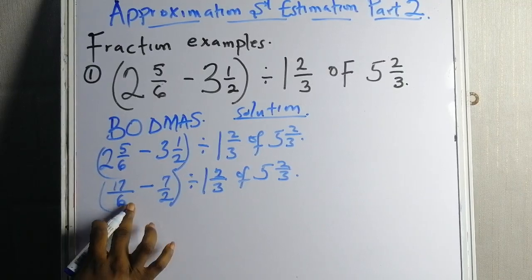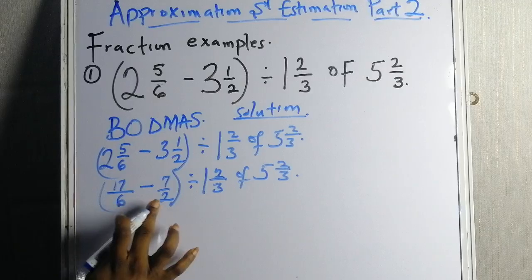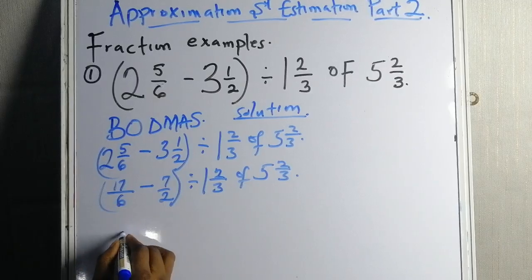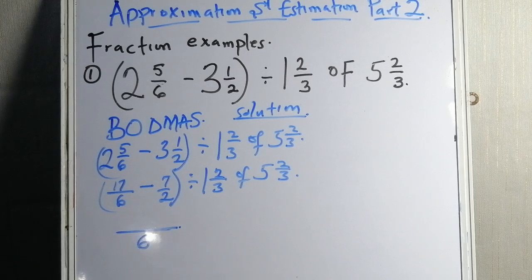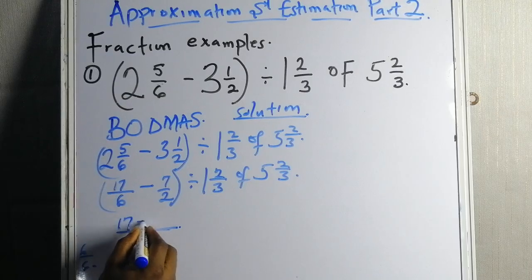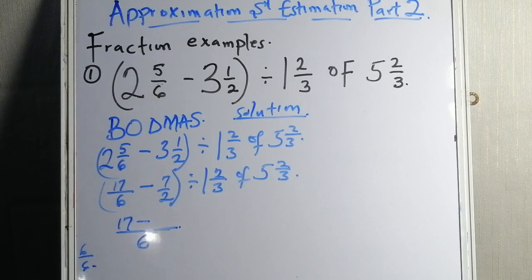So now, what is the LCM here? The highest number here is 6, so the LCM is 6. 6 in 6, 1. What do we mean by 6 in 6? It means 6 divided by 6, that is 1. 1 times 17 is 17.